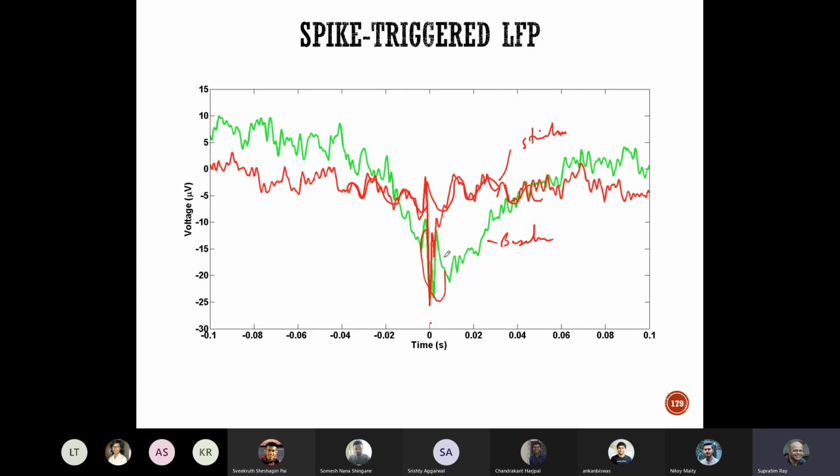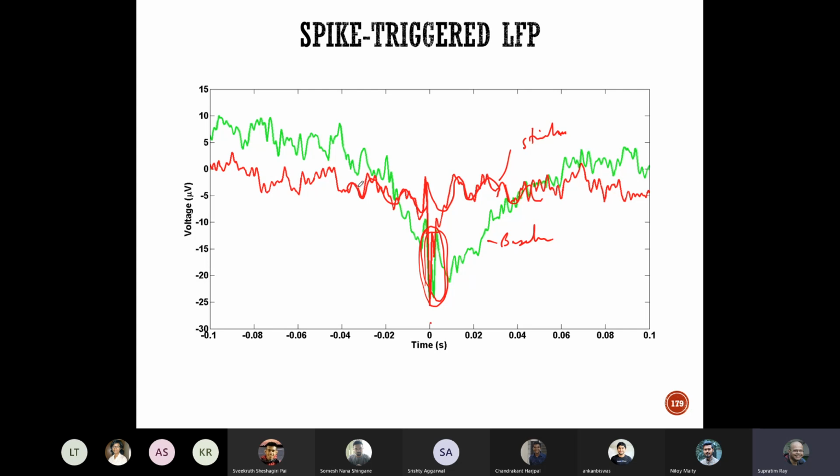Now, what is this ugly stuff here? This is just the low frequency component of the action potential itself. Remember, there's a spike here, so the spike will have some signature in the LFP, and that's just this. So it's going to corrupt my estimate of the phase here.